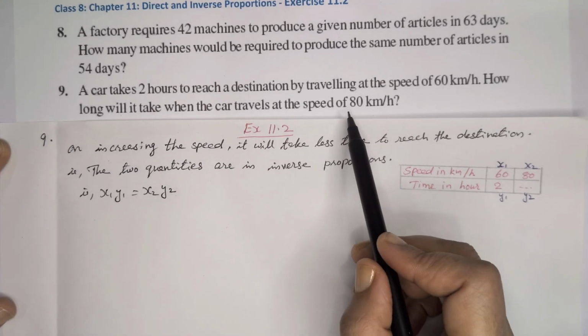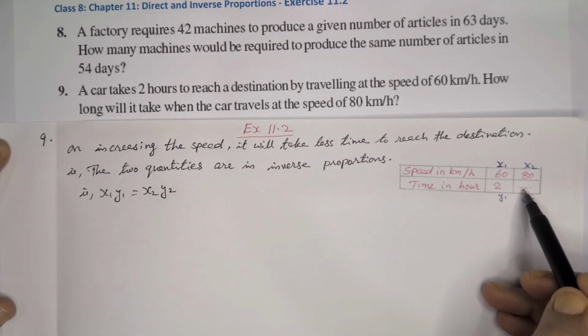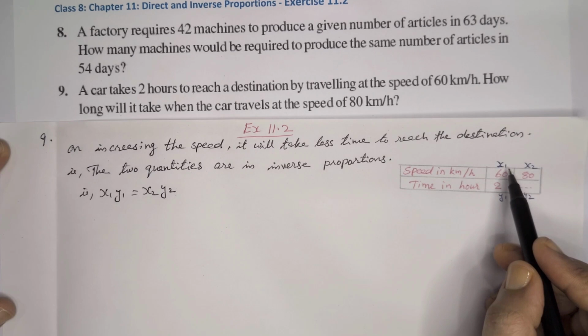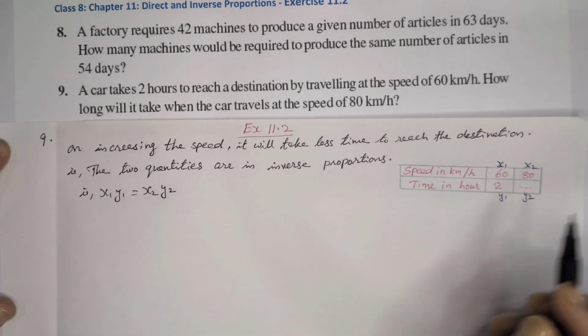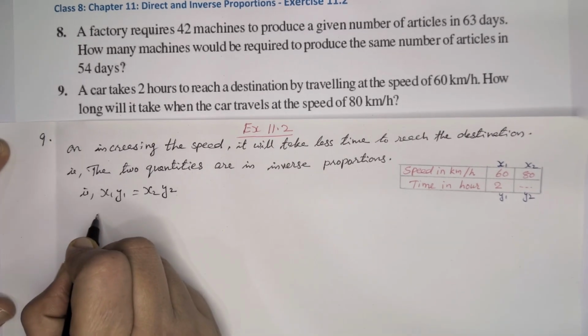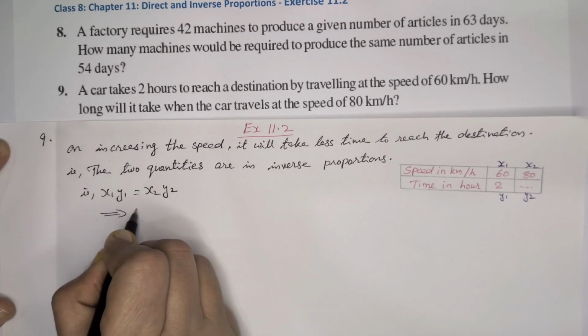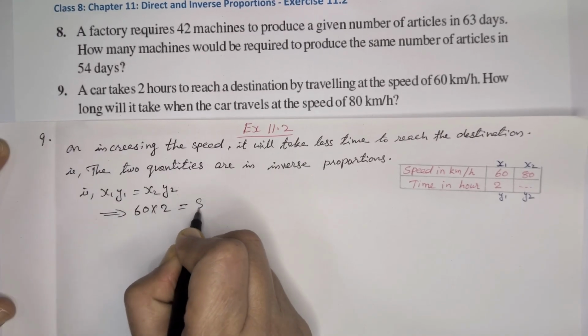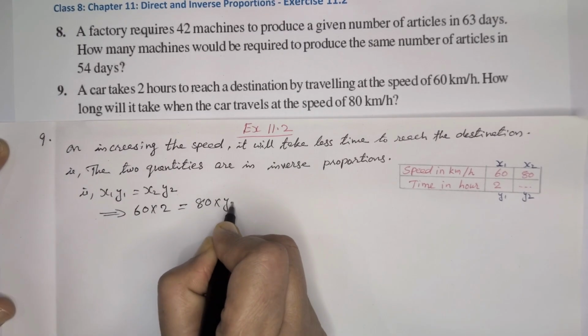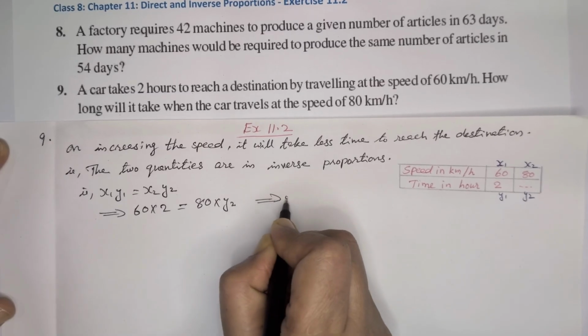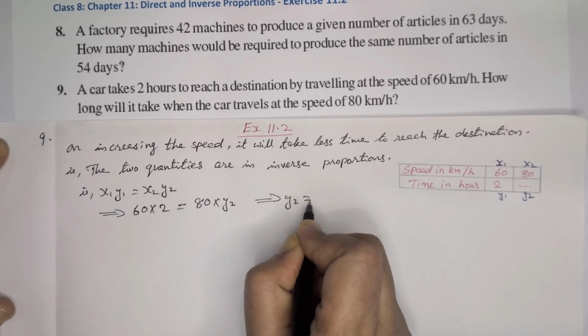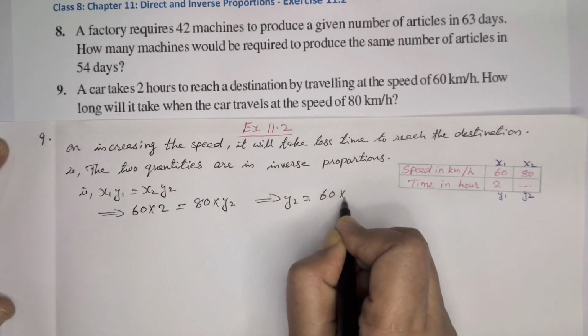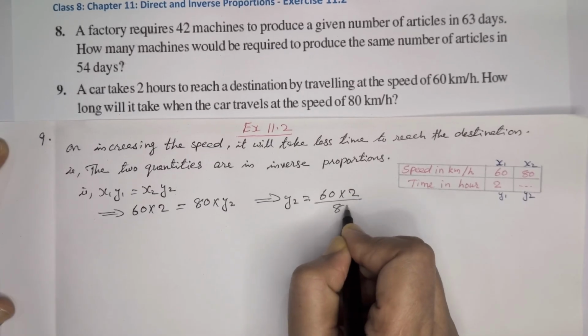And if the speed is 80, then time we have to find. X1, Y1, X2, Y2. So that means 60 into 2 is equal to 80 into Y2, which implies Y2 is equal to 60 into 2 by 80.